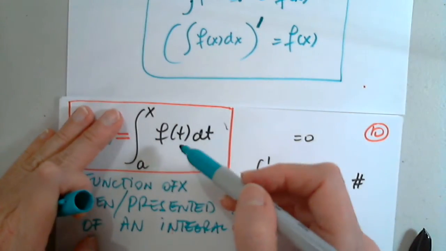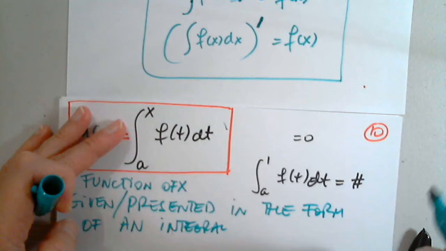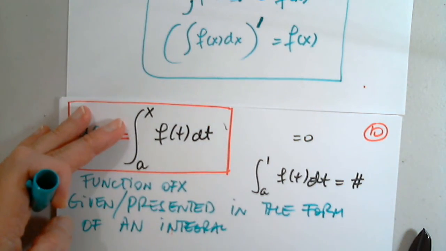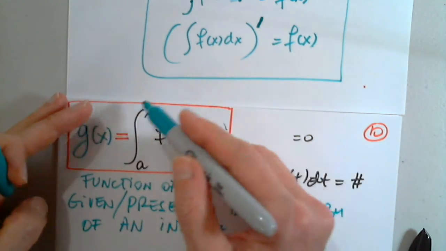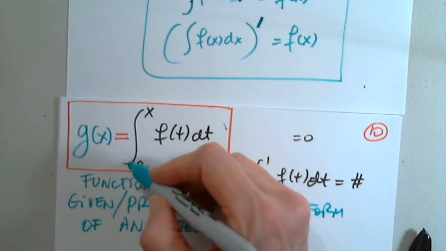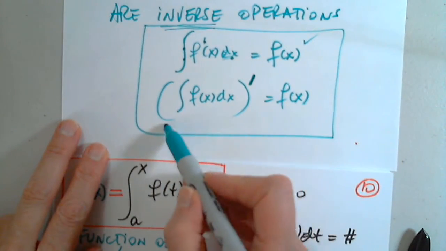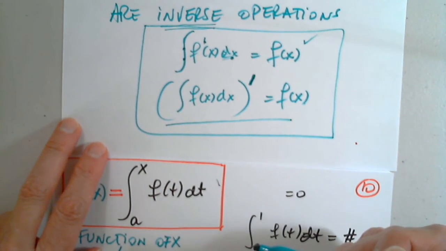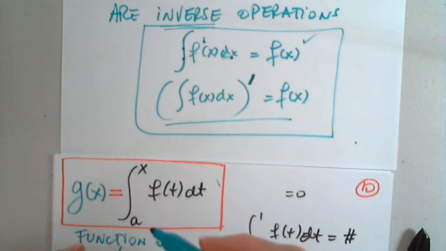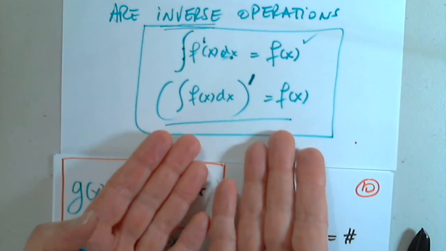There's nothing to calculate about. If you give me the x, I'll calculate the output. But this is a function. So the function is given in the form of an integral. Why? So we can illustrate this. That's why we are defining this function in the form of an integral, to illustrate that.